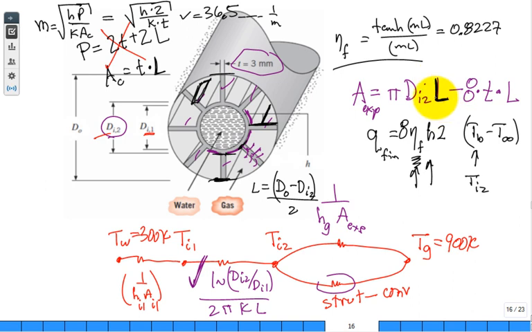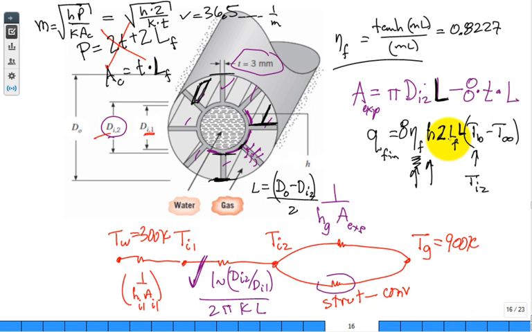What is that L? That L is the direction down the length of the tube, so we have L for the length of the fin, and then L for the length of the tube in the direction of flow. A little confusing, sorry about that. So we're going to have 2 times the length of the fin times the length in the direction of flow.